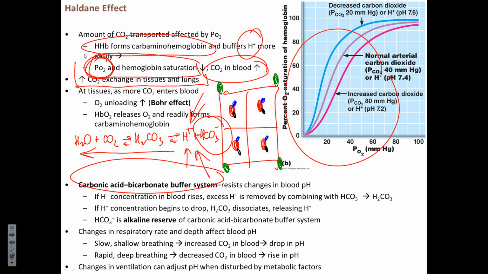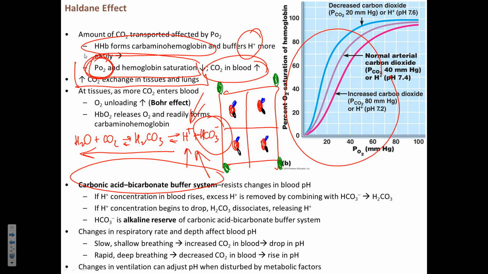Now, we can change the blood pH with respiration. I want to specifically highlight that our respiration changes when our requirements for oxygen change. Now I don't need much oxygen, so I breathe normally. If I start running, I need way more oxygen. My breathing rate and probably depth will go up. We clear?